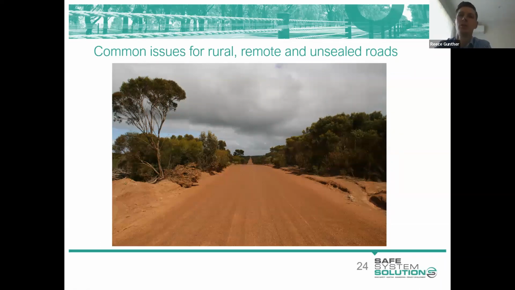We've got a lot of rural roads here in Australia, and we need to do some out-of-the-box thinking or consider some of the issues that may be present on these roads and how we can improve safety. I'll throw it to you guys. For this particular image, what do you think some of the issues would be on a remote unsealed road like this?